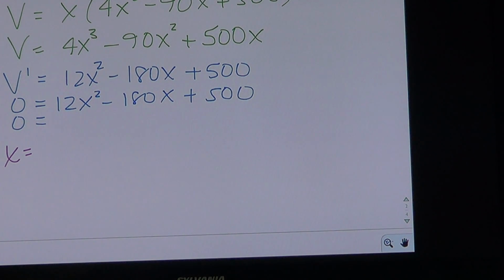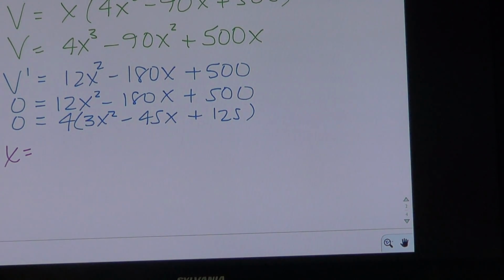So 4 times 3x squared minus 45x plus 125.